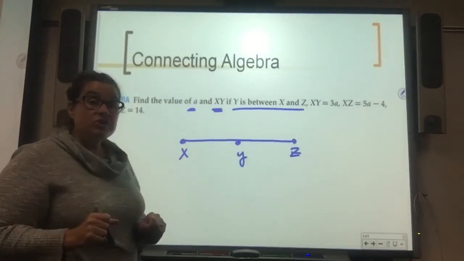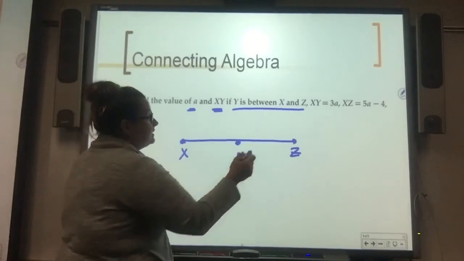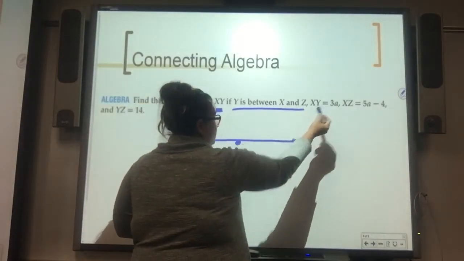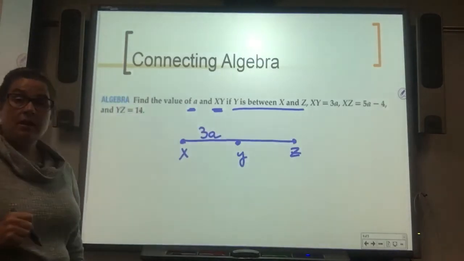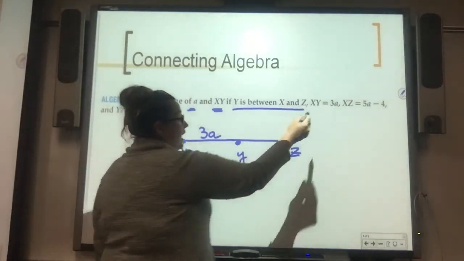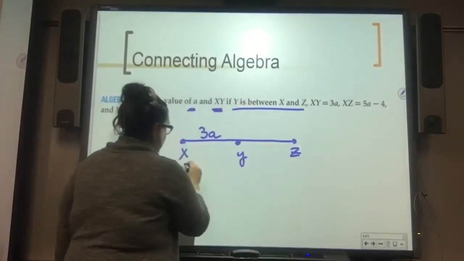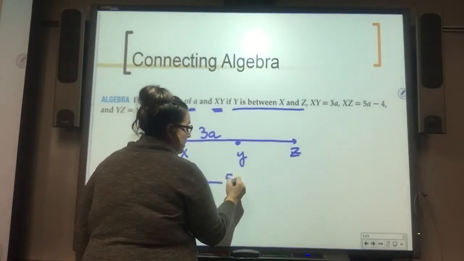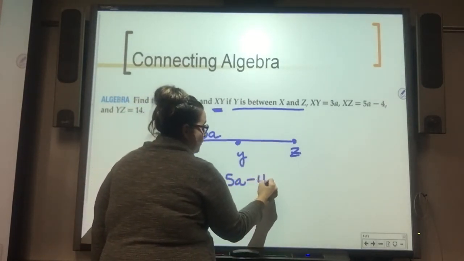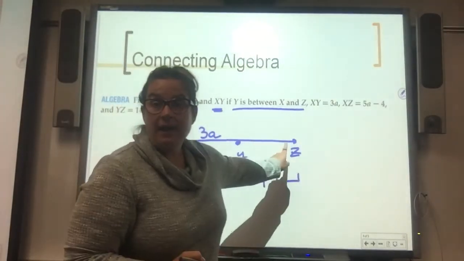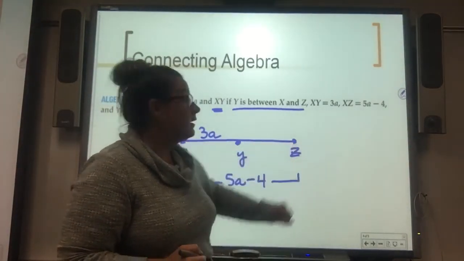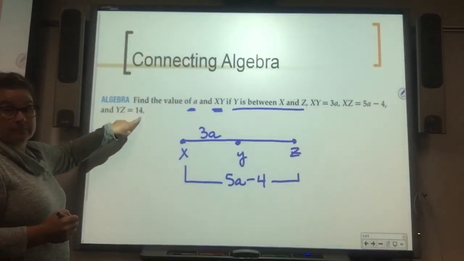The information it gives me is that the measurement of XY is 3A. The measurement of XZ is 5A minus 4. And the measurement of YZ is 14.